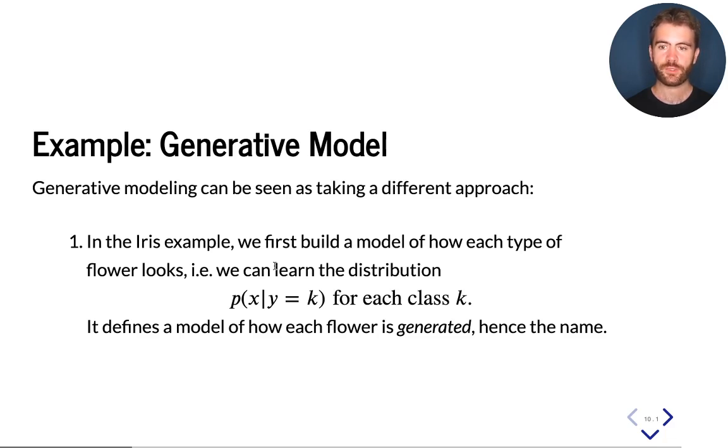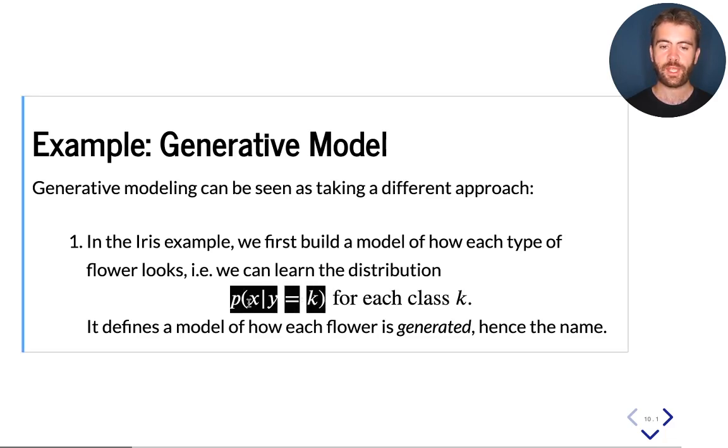In other words, if X is the vector of features that describes our flower, then we would try to estimate the following probability: the probability of X, which is some vector of features, some vector of measurements, given a particular class. So for each class, we would learn a model of how this flower X looks.